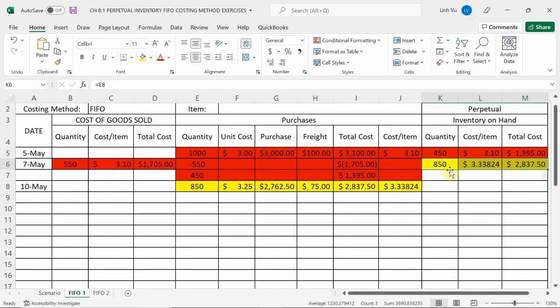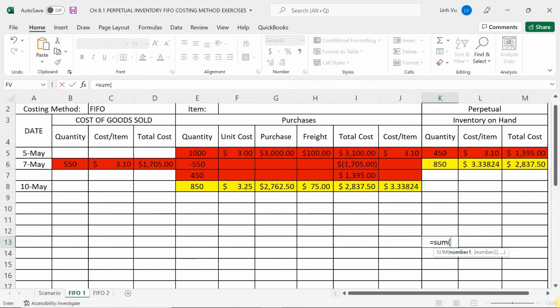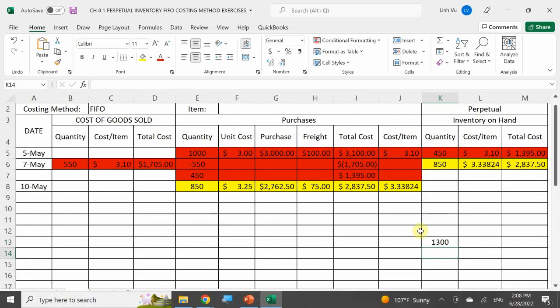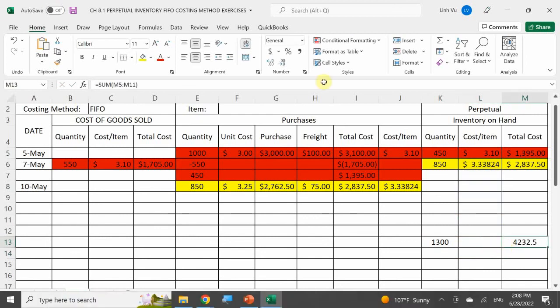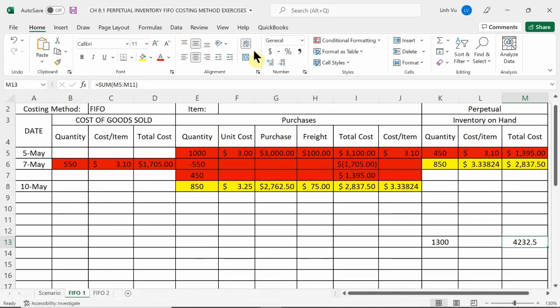Now, of course, this is where, if you want to know how much you have for your cost of goods sold at all times, you can enter your equal sum to let you know all the total batches of inventory that you have on hand. So in this case right now, I have 1,300 units at a grand total cost of $4,232.50. This is your goods available.